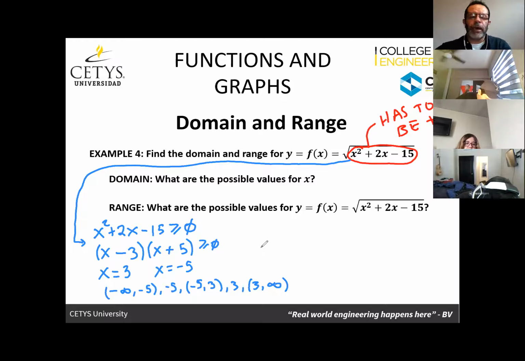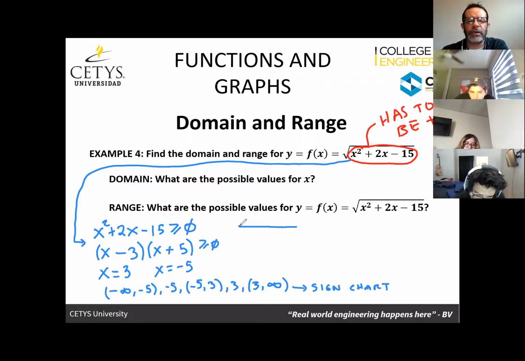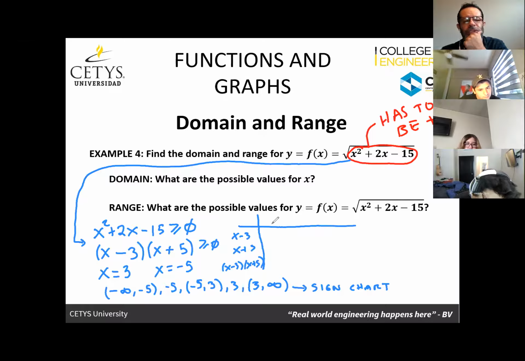Okay. And we could use the sign chart if we wanted to, right? That's how we did it last unit. We're going to do that very quickly here, Anna, and you're going to help me out just so we can practice. (x minus 3)(x plus 5), and (x minus 3)(x plus 5).